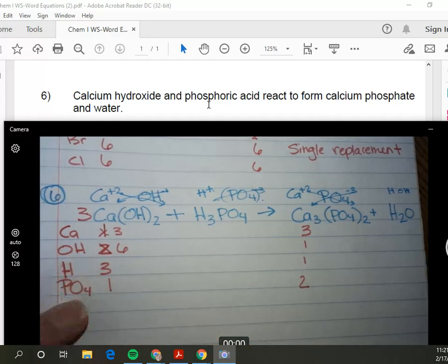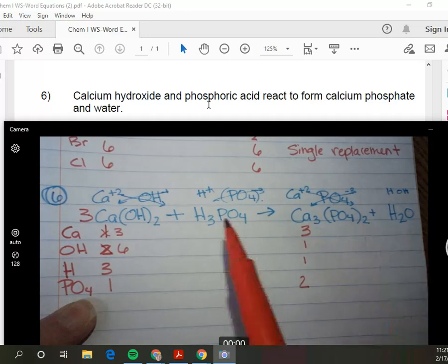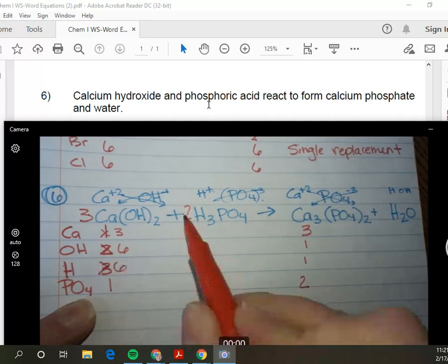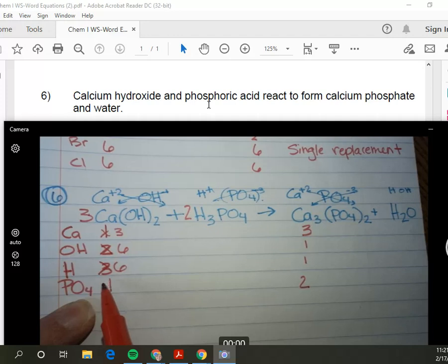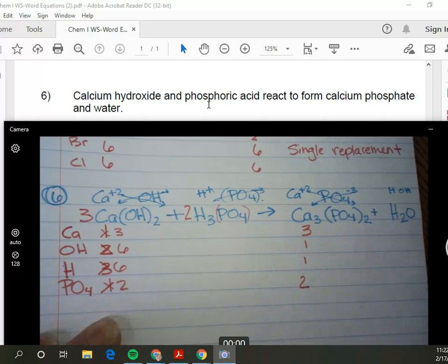All right. And I know I'm going to need 2 phosphates, so now I have 6. And I have 2, because this goes together. All right, so what do I need to do?